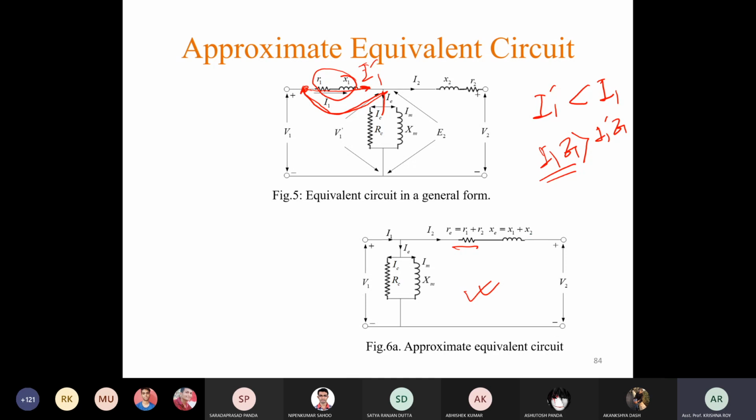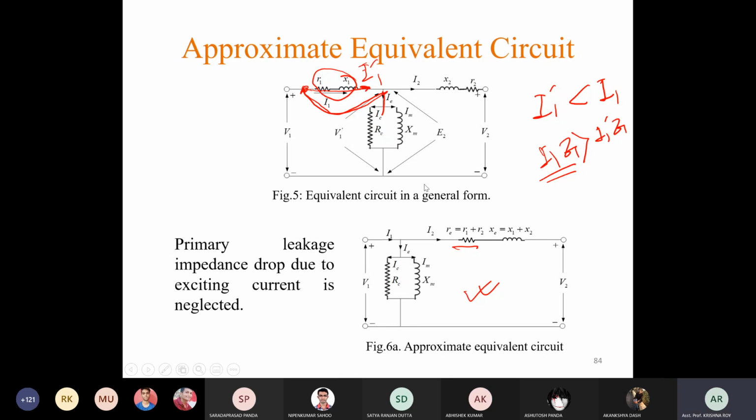So this is one modification. Here we have excluded the primary voltage drop due to the exciting current, because now the exciting current is not flowing through this path. So we have excluded that part. Is it clear?